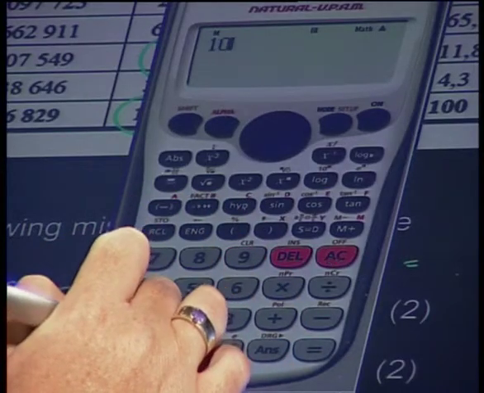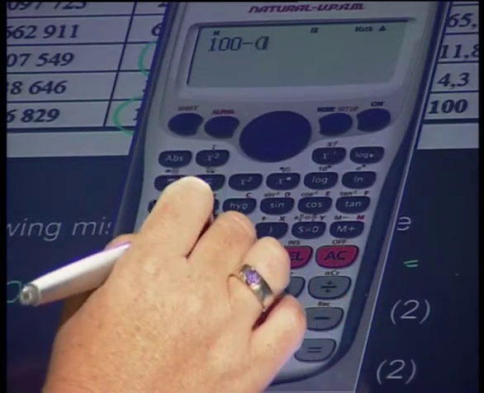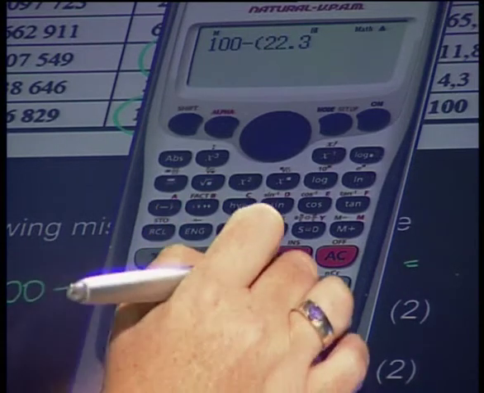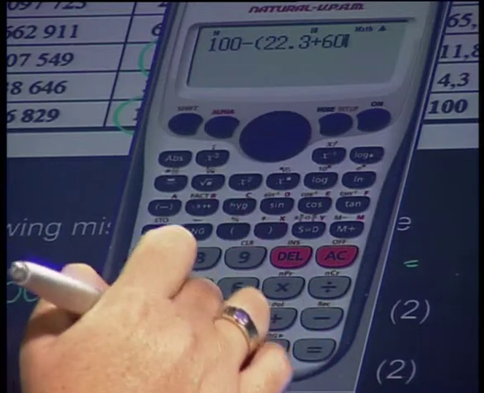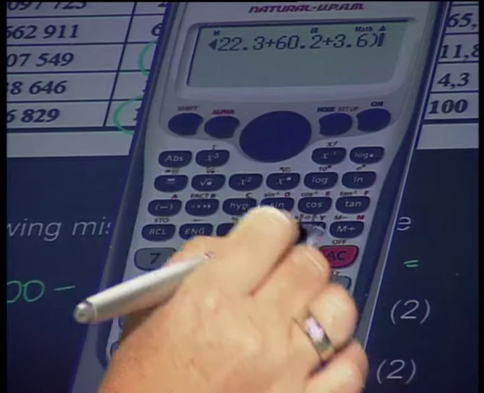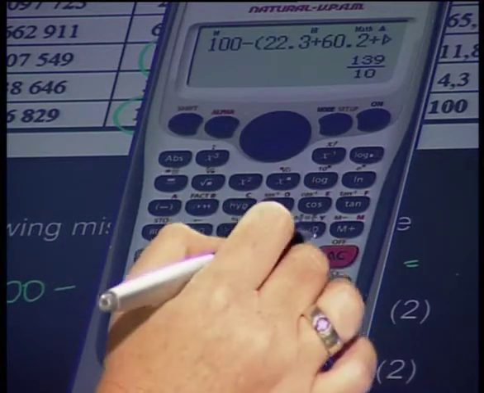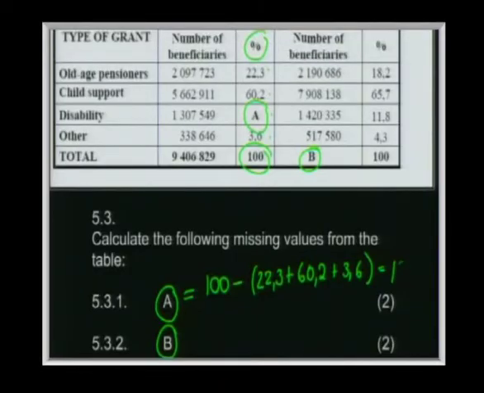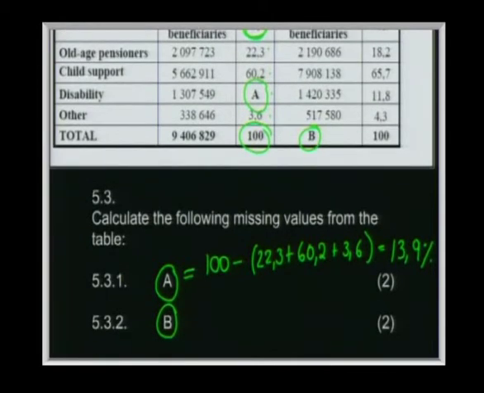So it's 100 minus brackets 22.3 plus 60.2 plus 3.6. Close our brackets and push equals. And our answer should be 13.9. And remember, because it's a percentage, we need to put a percentage sign in here. Let's go on to B.